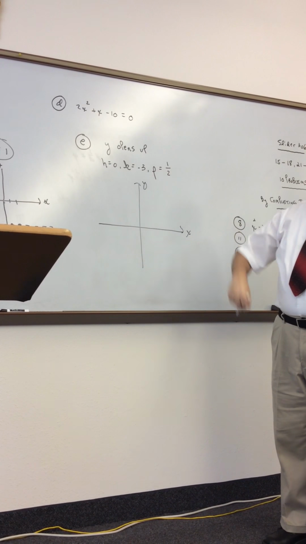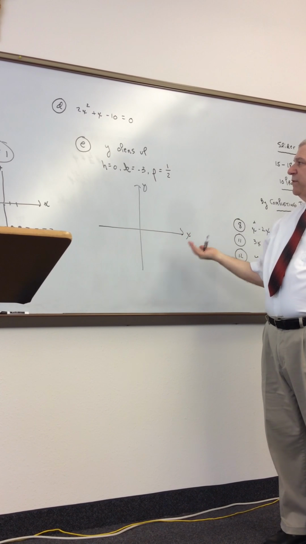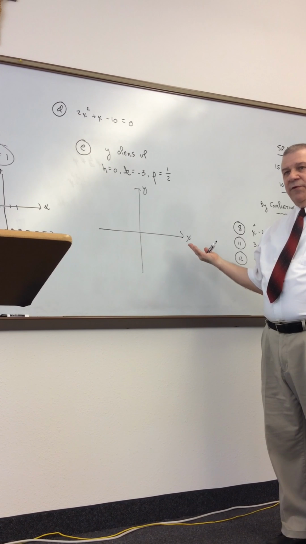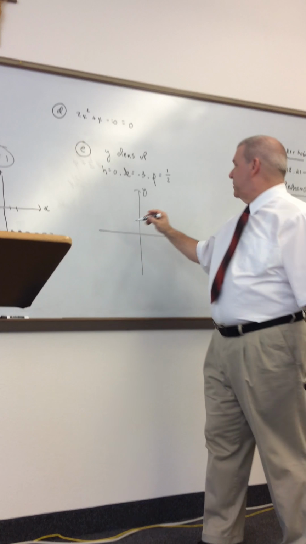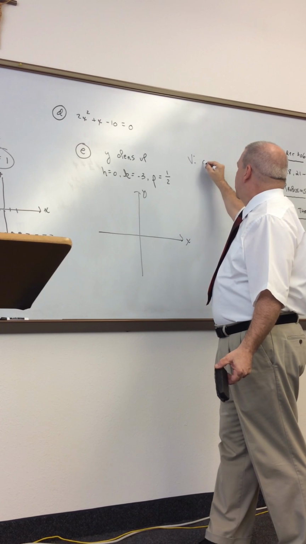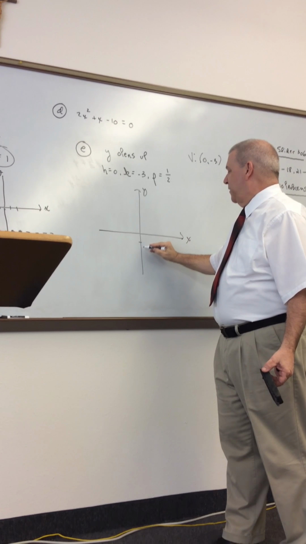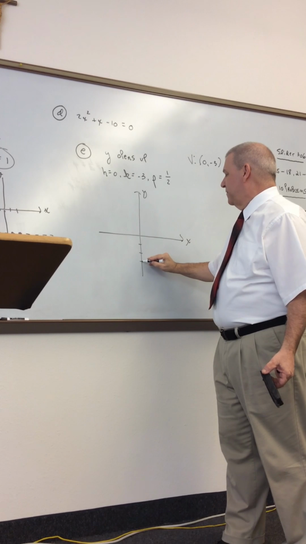What's the vertex here? Problem E. What's the vertex in problem E? Jake? 0, -3. Now, I want to make this a little bit bigger here. There's the vertex.